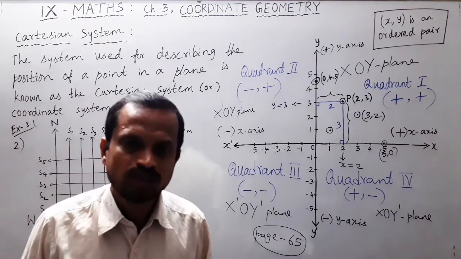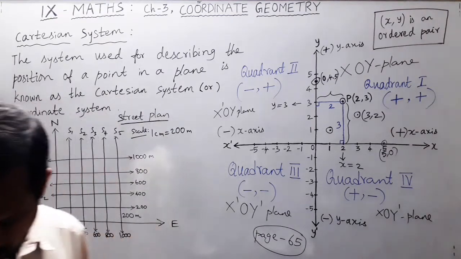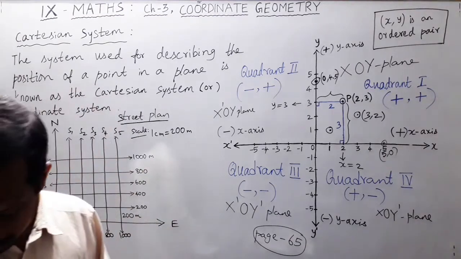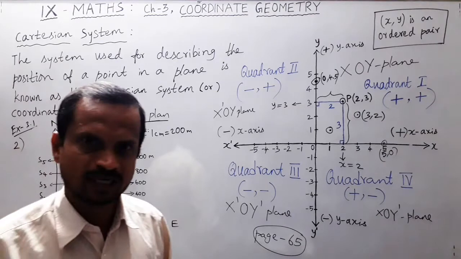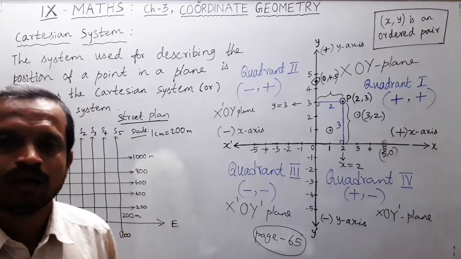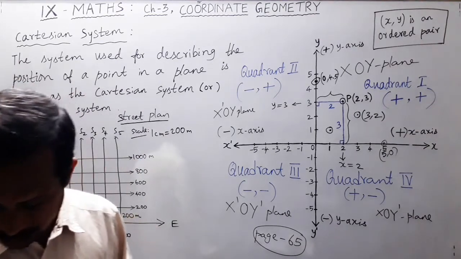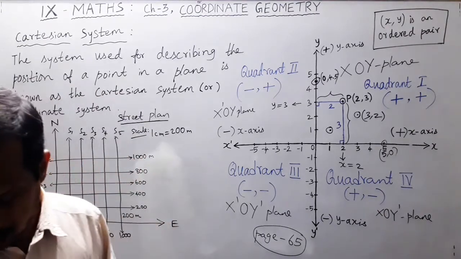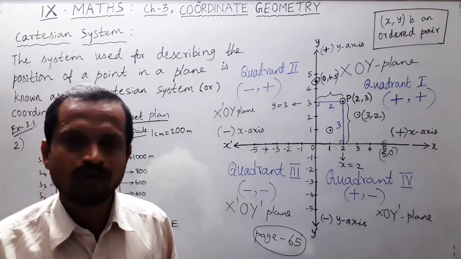There are many cross streets in your model. A particular cross street is made by 2 streets, one running in the north-south direction and another in the east-west direction. Each cross street is referred to in the following manner.